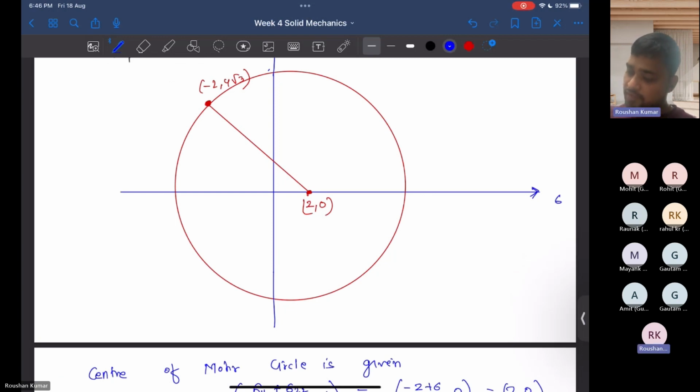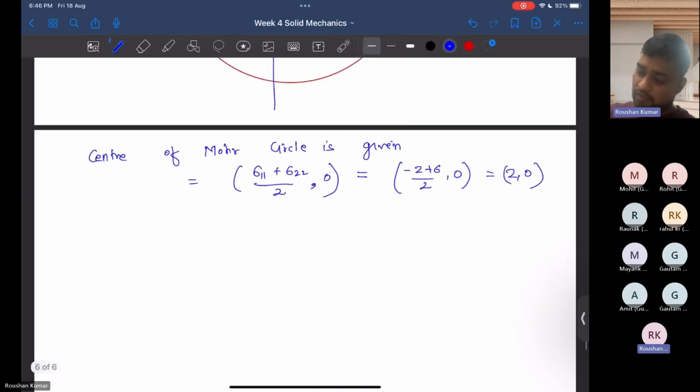Now to find out the radius, we basically use the distance formula, because we know these 2 points and we have to find out the distance between these 2 points, which is basically the radius of the Mohr circle. So the radius of Mohr circle, this is the first problem.